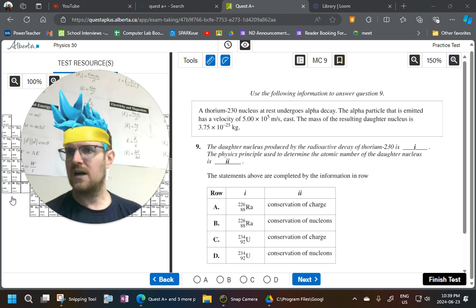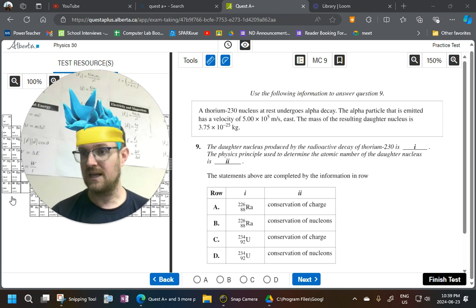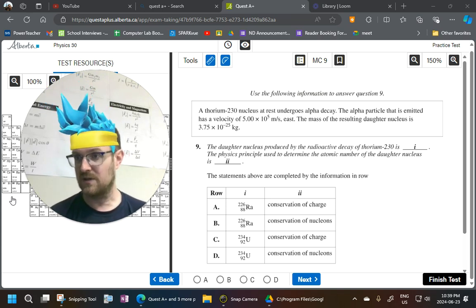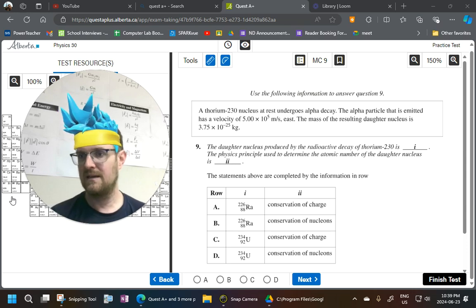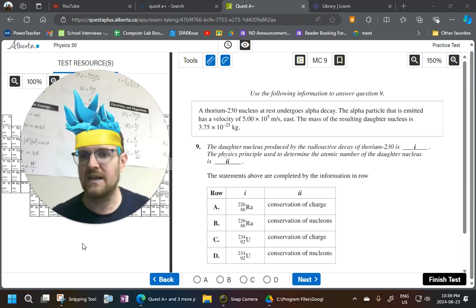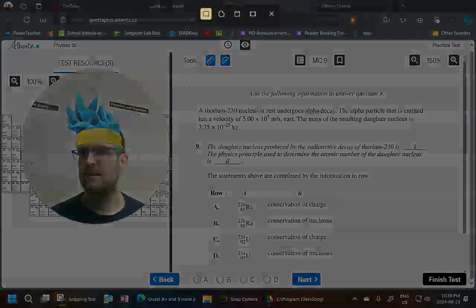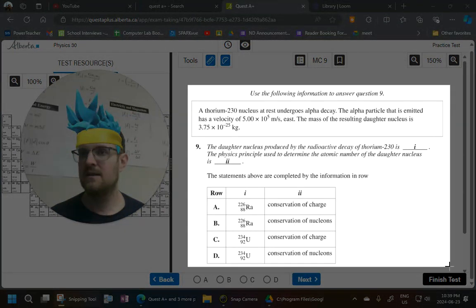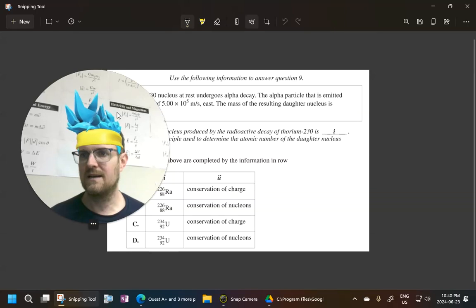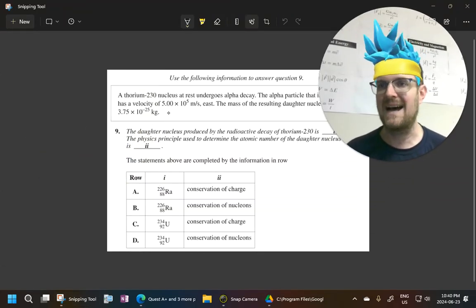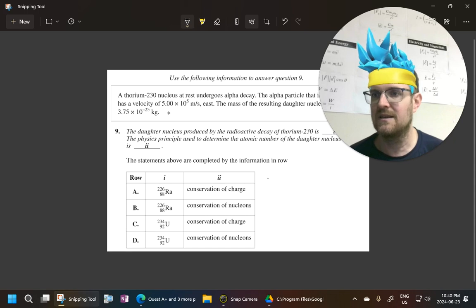So undergoes alpha decay, and the physics principle usually determines the atomic number, which is the bottom number, that's charge. Let me just snip this. We're going to draw this out. I know they gave me a bunch of information here that I'm not going to use. Maybe I'll use it in a future question. But in this one, they give us masses and stuff that we probably don't really need.